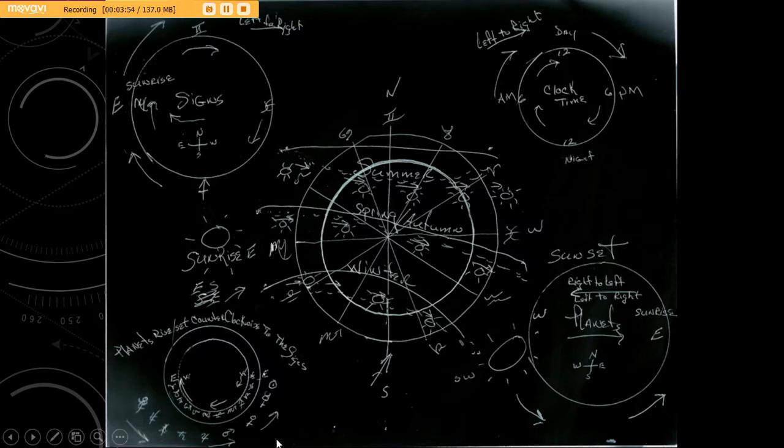Okay, another factor that I've realized or noticed, and it took me a long time to get this, is that the signs of the zodiac rise in the east from left to right, just like the clock turns from left to right.